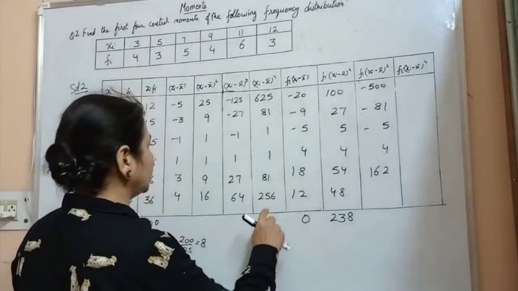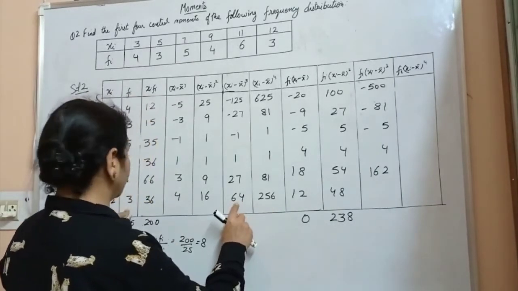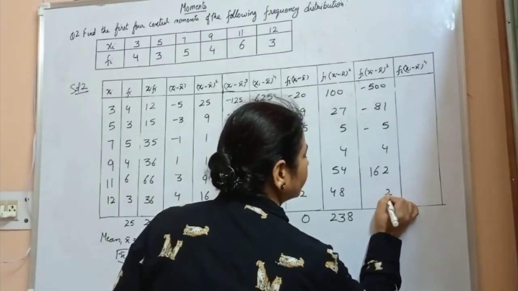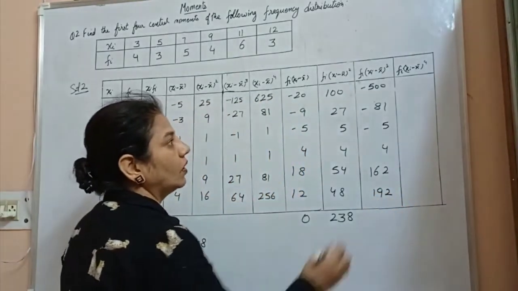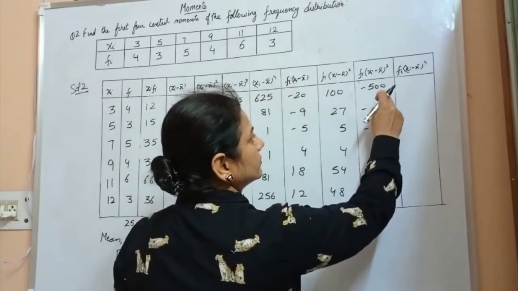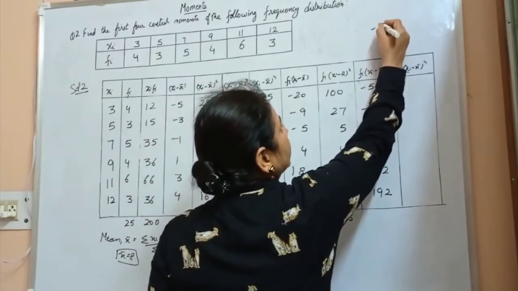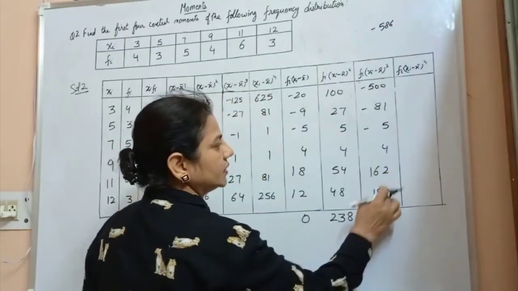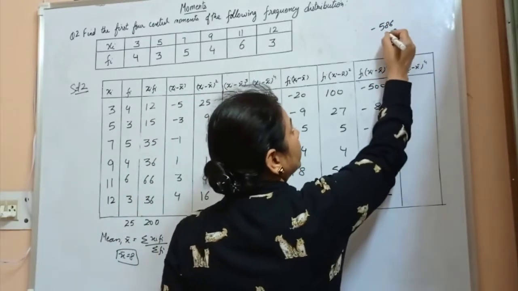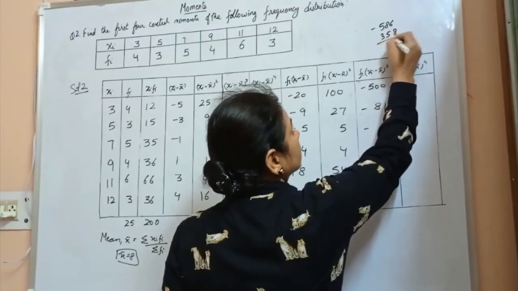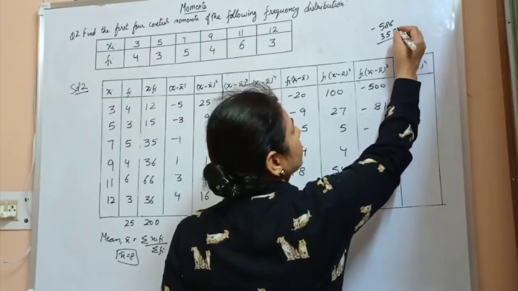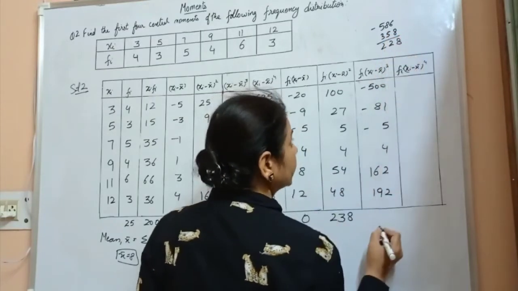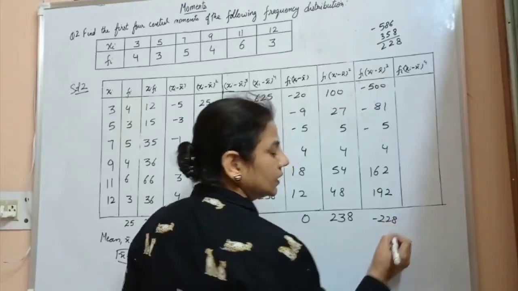We multiply 3 into 64, which is 192. On adding, the result is minus 228.